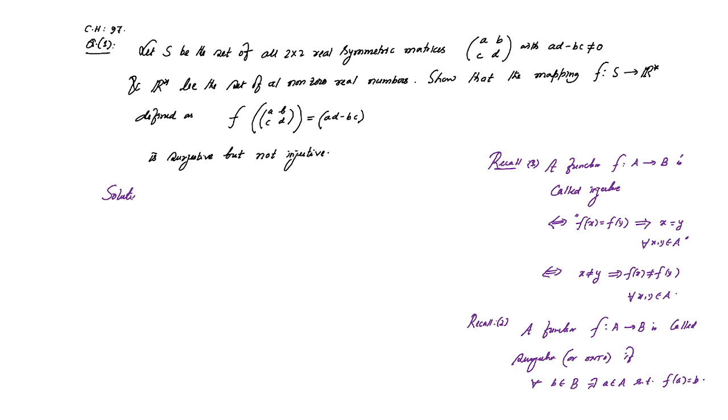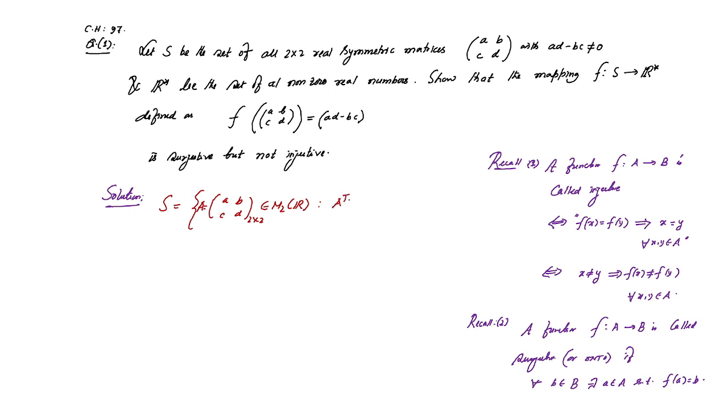So how to solve this kind of question? What is exactly given? It is given that S is the set of all 2 cross 2 real symmetric matrices, with A symmetric.